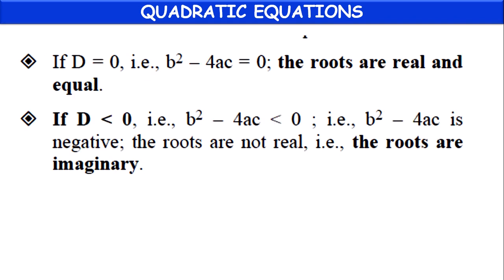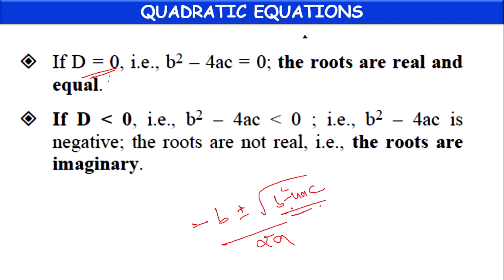Next, if the discriminant value equals 0, in minus b plus or minus root of b square minus 4ac by 2a, then under root 0, root of 0 equals 0, plus or minus 0, no need to consider 0.